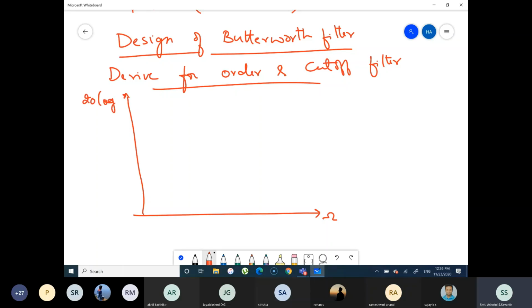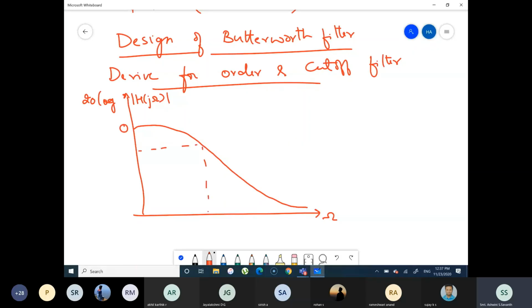So 20 log magnitude of H of j omega. So we are writing the decibel scale, and since it's a Butterworth filter, it has no ripples in the pass band or in the stop band and has a very smooth transition band. Okay, so since you're starting, you're writing the decibel scale, this value will be 0.